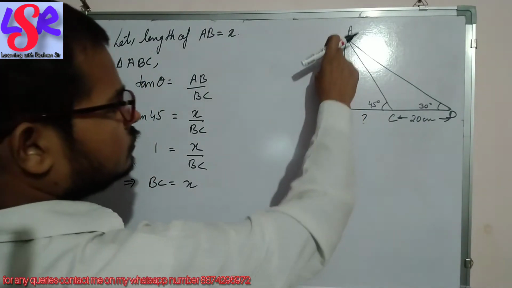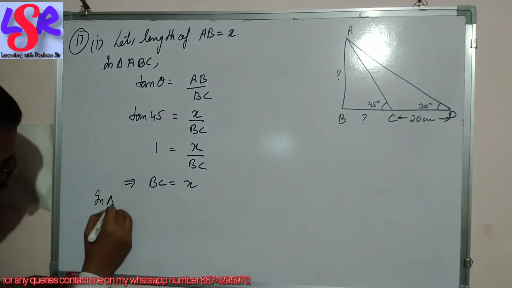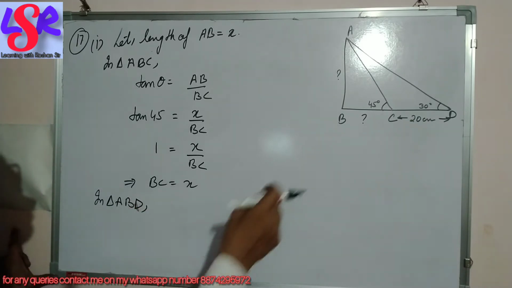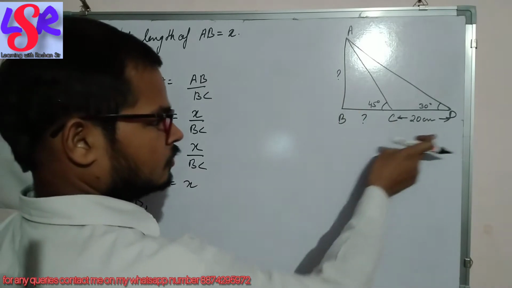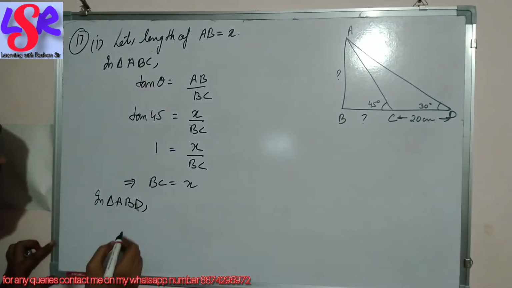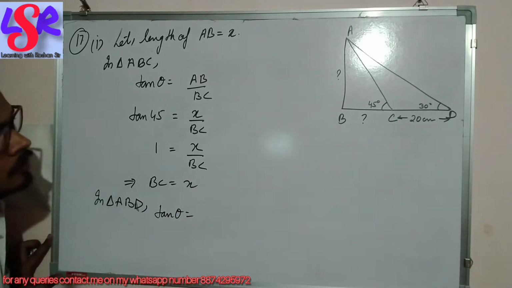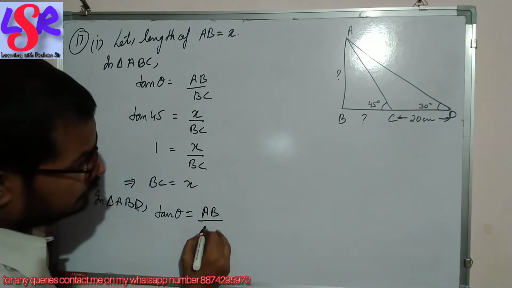Then we are going to use this whole triangle ABD. So in triangle ABD, for this angle 30 degree, this one is perpendicular and this whole is base. So again tan theta is going to be used. Tan theta equals to AB upon the base, which will be BD this time.